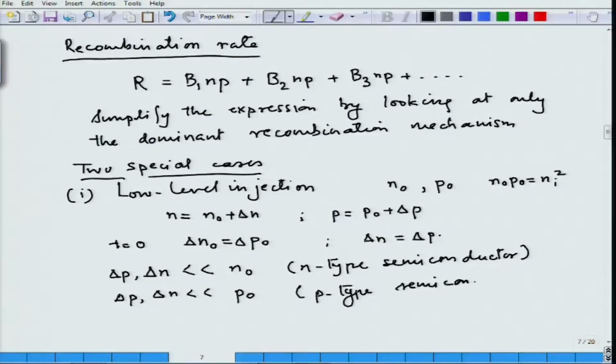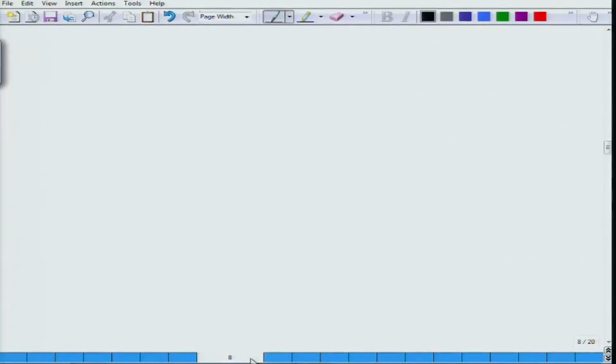So, in this condition, if I try to see what would be the recombination rate, I can write my equation. At T equal to 0, I have created excess electrons and excess holes by, let us say, an optical excitation process, such that the two concentrations are the same. Then at any time T, I am trying to look at how the concentration of electrons is changing with time.